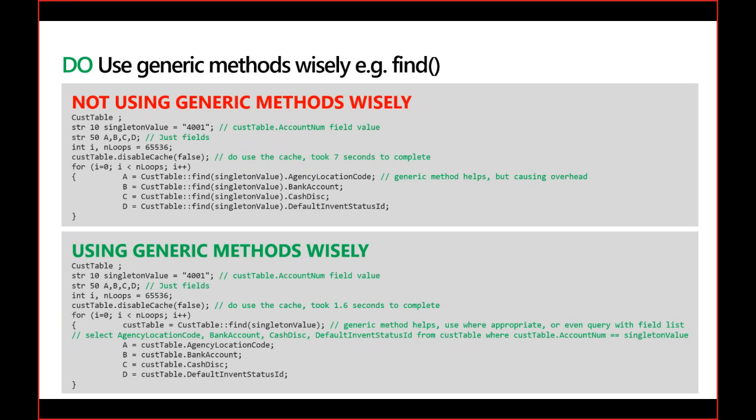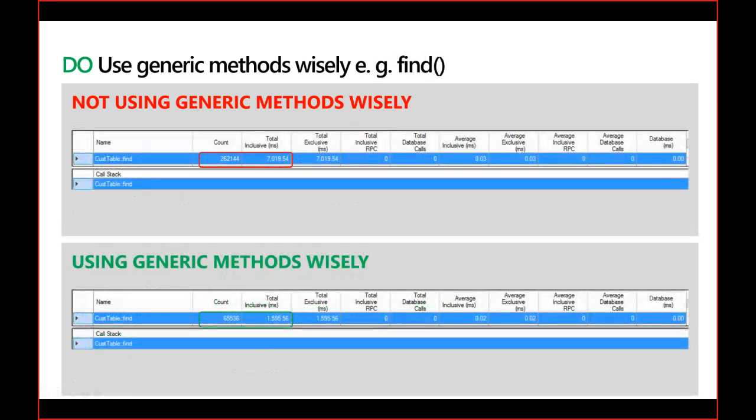There's one comment to this, and we could go for an alternative solution. You could also use a query with a field list, which is a comment made at the bottom part here in the code. If you compare the traces, you can see that not using generic methods wisely takes around 7 seconds versus 1.6 seconds on the CustTable find method when we are using them wisely.